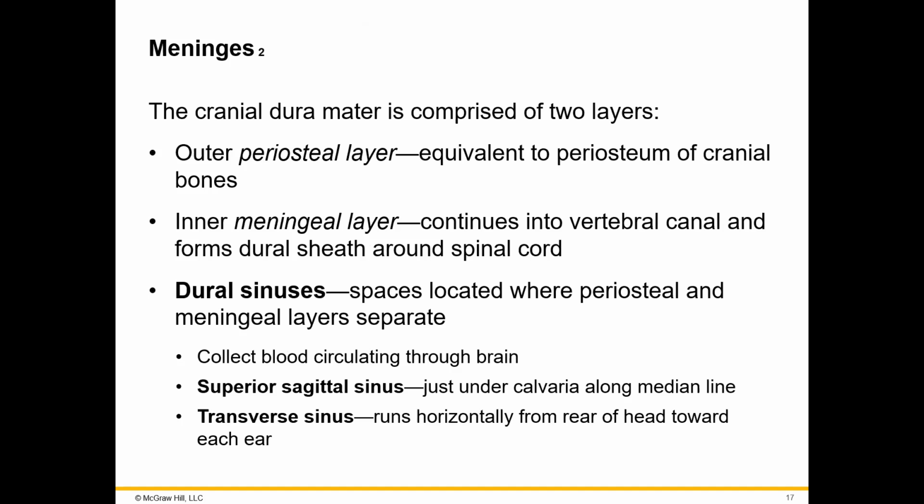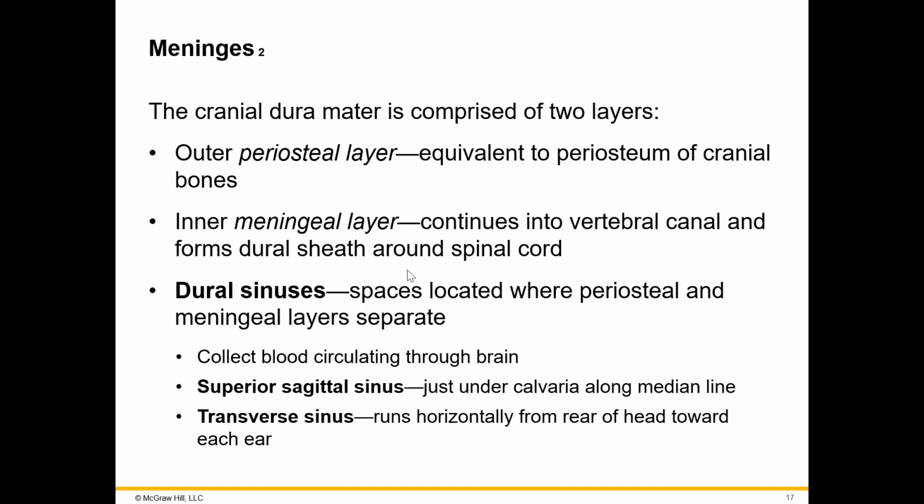So the cranial dura mater is composed of two layers. You have your outer periosteal layer that is equivalent to the periosteum of the cranial bones. There is the inner meningeal layer that continues into the vertebral canal and forms the dural sheath around the spinal cord.